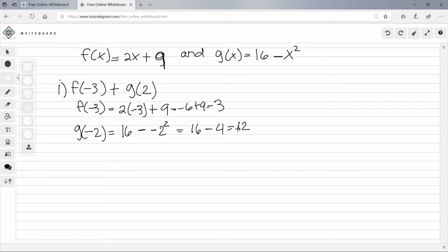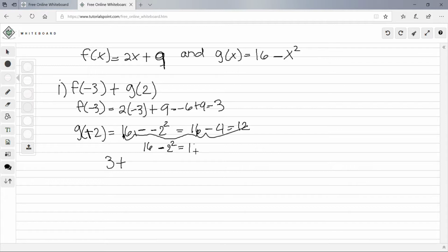Now we know our numbers, so f of negative 3 is positive 3, plus g of 2. Sorry, this should be a positive 2, not a negative, because it says g of 2, not negative 2. So it should be 16 minus 2 squared.